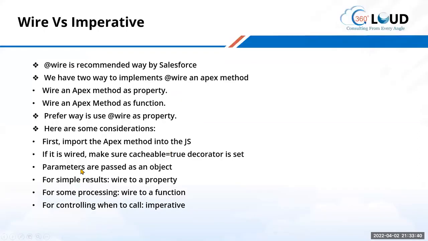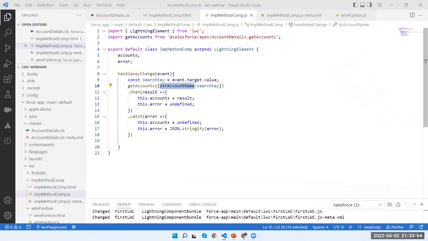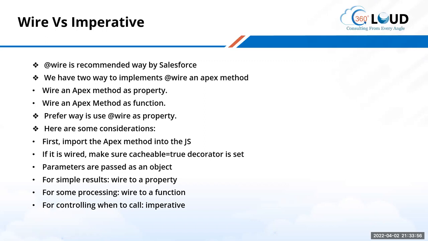After that there are three considerations: when to use wire as a property, when to use wire as a function, and when to use imperative. If you want a simple result, just invoking apex and showing the results in the UI, then we can use wire as a property. If we want some processing, like data processing, or based on some data or an error we have to do something, then we can use wire as a function.